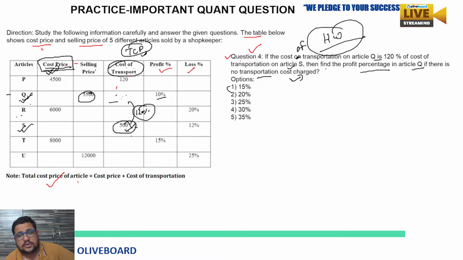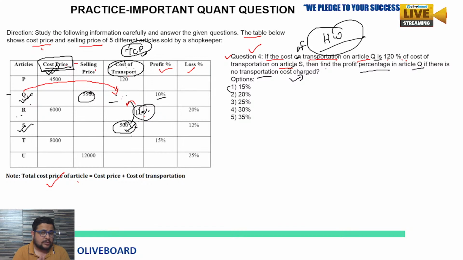So in this question, what are they asking? If the cost of transportation on article Q is 120% of the cost of transportation on article S. So the cost of transportation of article Q is given, but that is 120%.